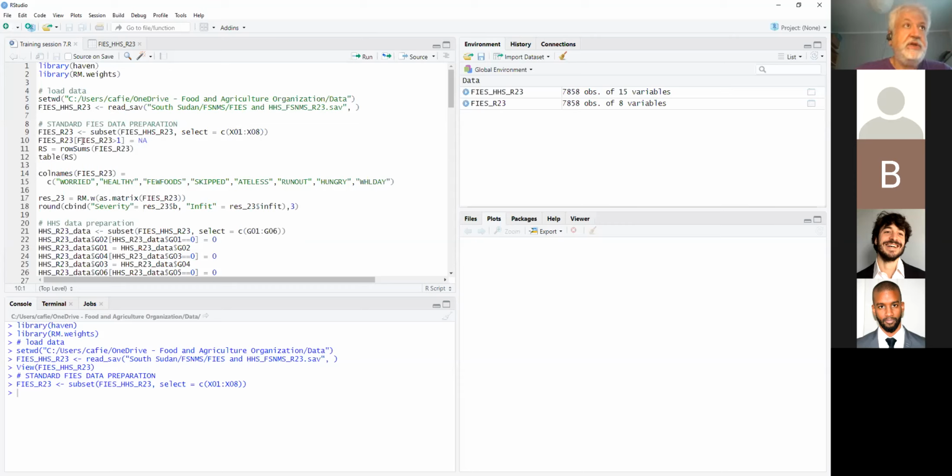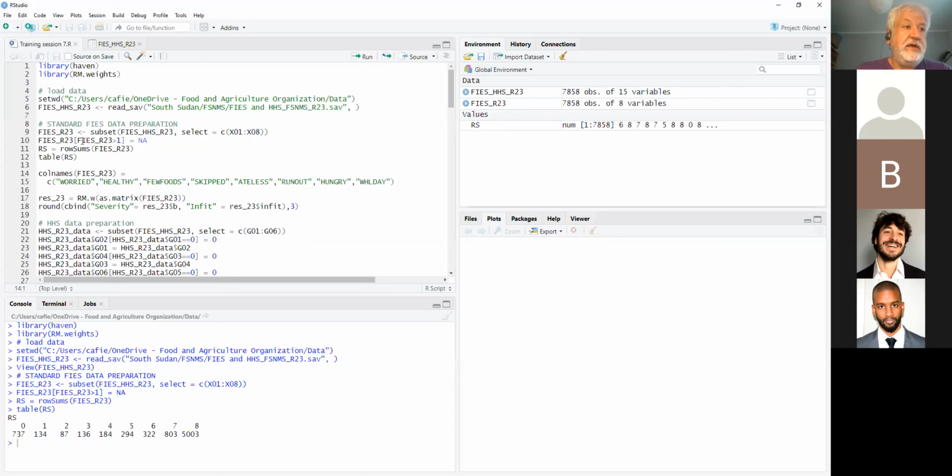I'm achieving this with a simple line: everywhere the data is greater than 1, I put NA. The raw score is obtained by summing along the rows.